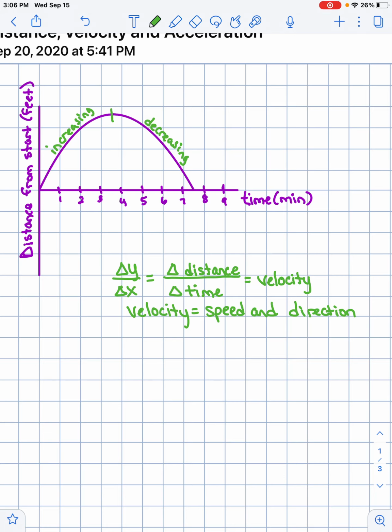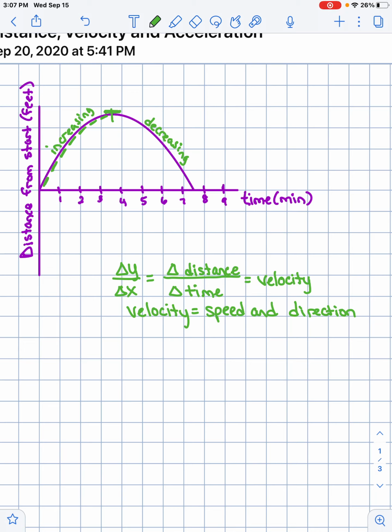So if I look at the slope, let's just draw a tangent line right here. I can see that the slope is positive there and relatively steep. As we continue along this curve, the slopes are still positive, however, the slopes are becoming less steep until I reach this point right here.